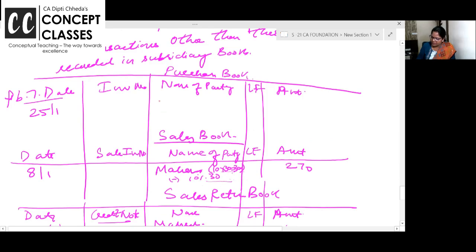Invoice number is not given. Purchase the goods from Kishore. Purchase account debit to Kishore. Kishore you will credit in the ledger. 1500 and trade discount is there 20%, 300. So how many goods you have purchased from Kishore? 1200.